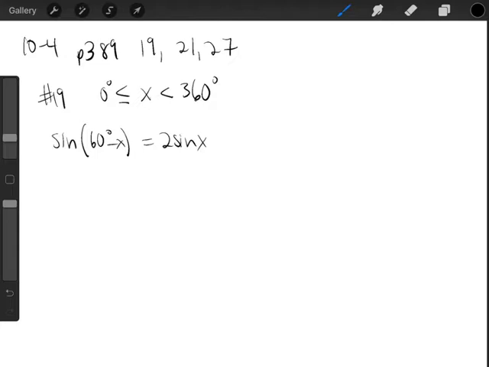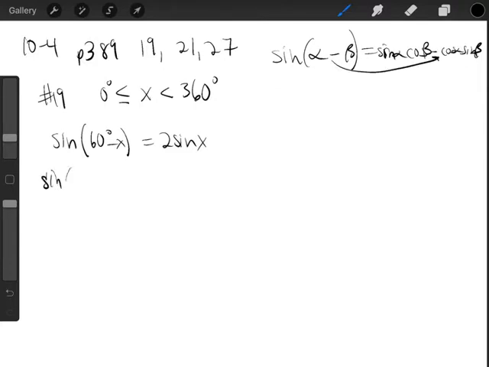And I see that I have sine of 60 degrees minus x, and that reminds me of sine of alpha minus beta, which is sine, cosine, cosine, sine. So remember the chant of alpha, beta, and if this is minus, that's minus.